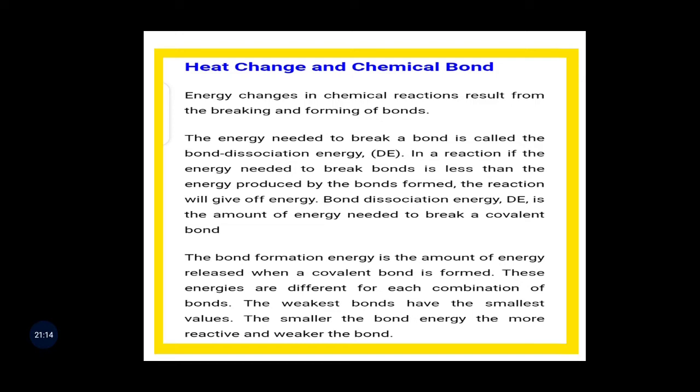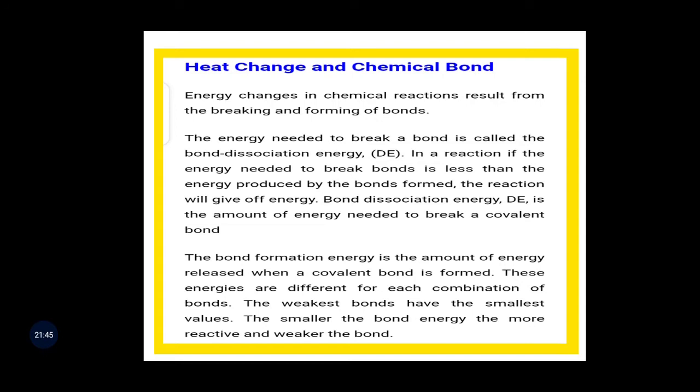So if the energy you use during that process is higher than the energy you obtain when the product is being formed, then what you will be having there is exothermic. But if the energy is lower, the dissociation energy, if it is lower than the bond being formed, then what you have there will be endothermic. So take note of that.